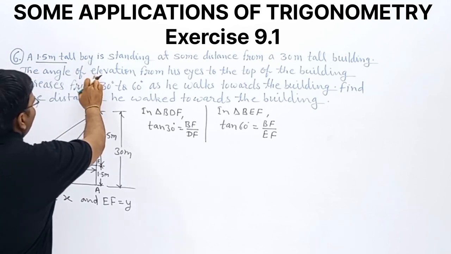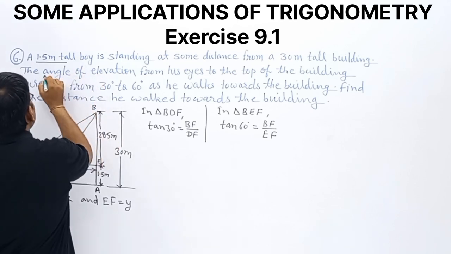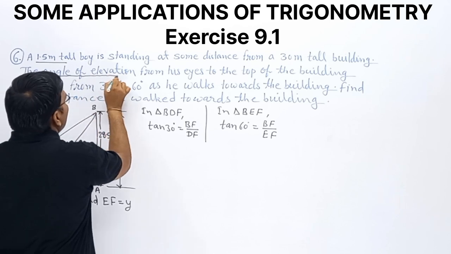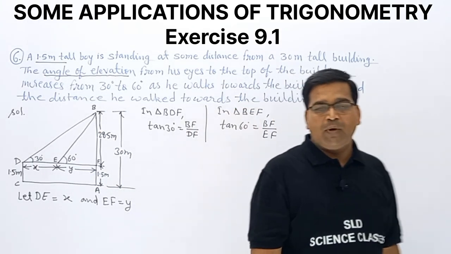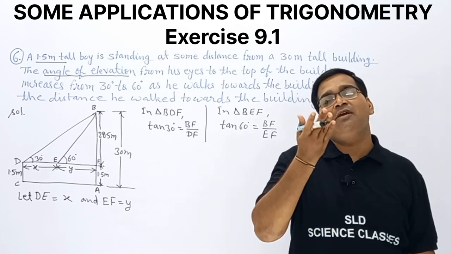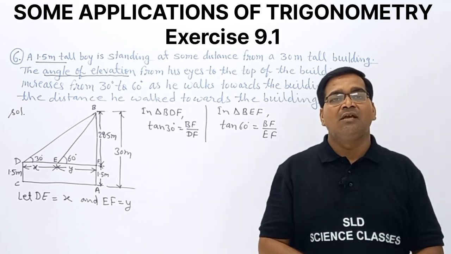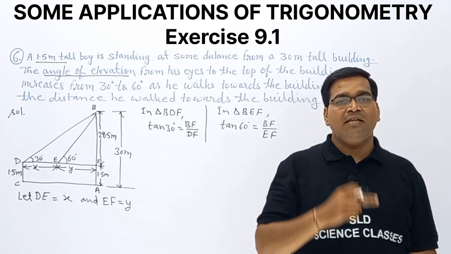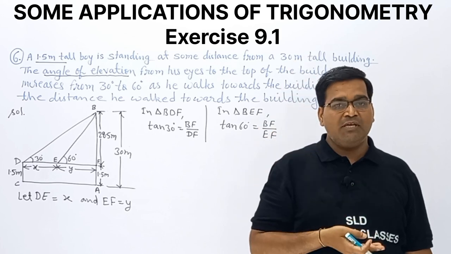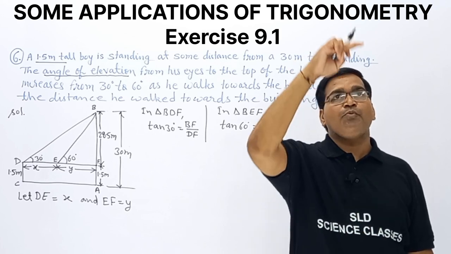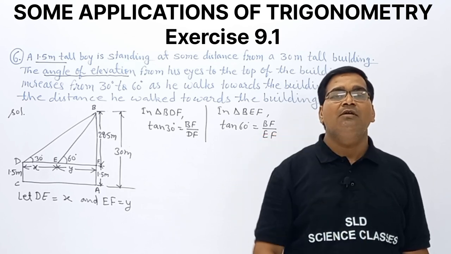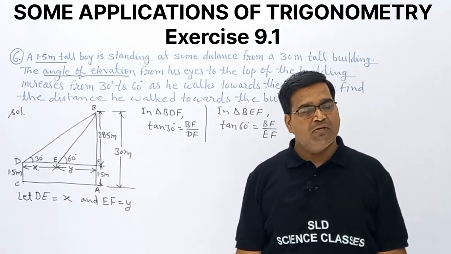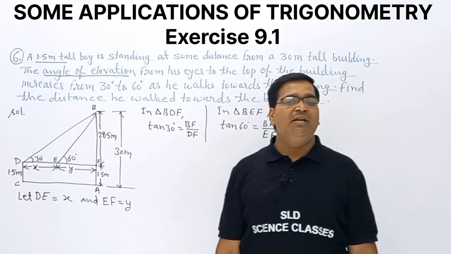Now after this sentence, the next sentence is the angle of elevation. We already studied the angle of elevation. What is the meaning of the angle of elevation? Once we raise our head, our line of sight makes an angle with the horizontal, and that angle is the angle of elevation.